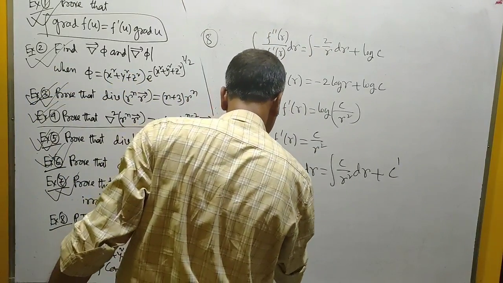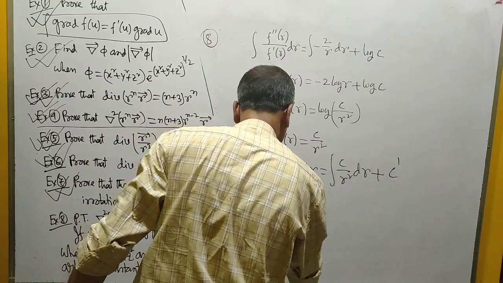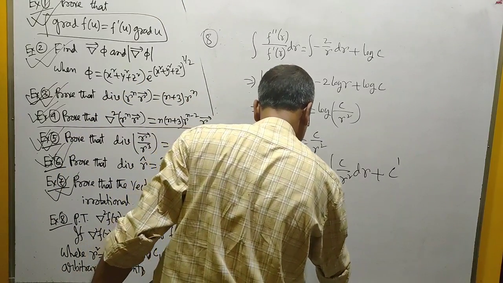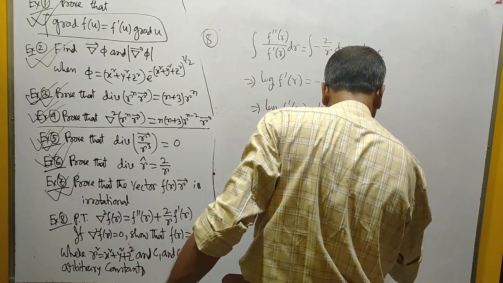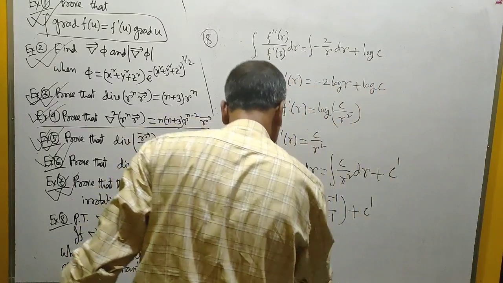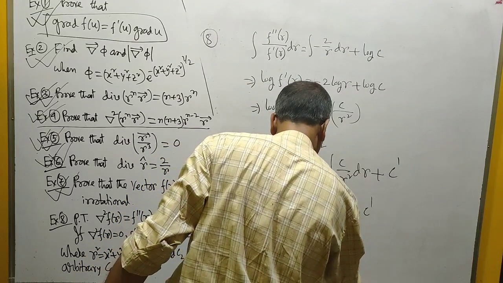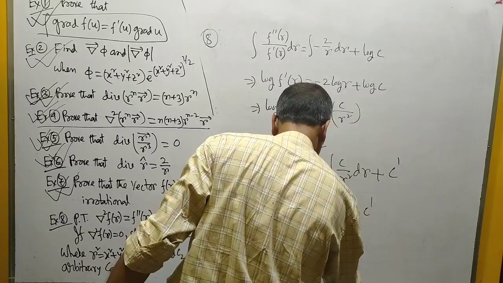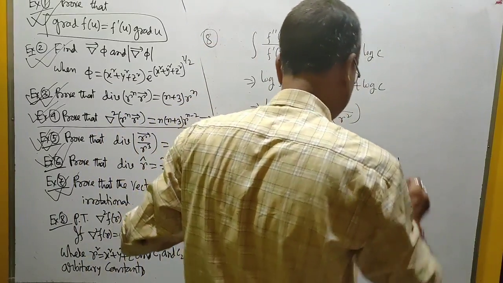This implies f(r) equals C times r to the power minus 1 by minus 1 plus C dash. This means f(r) equals minus C by r plus C dash.